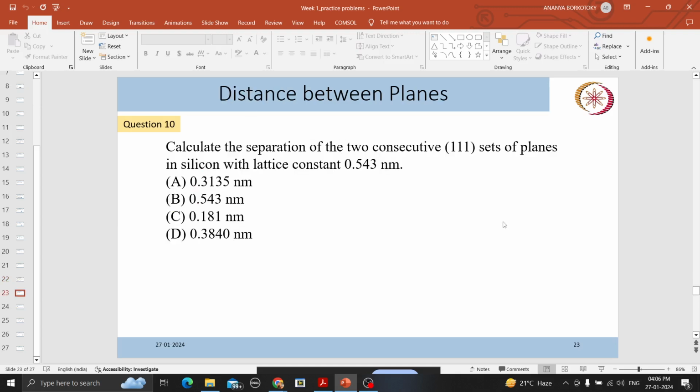So this is the next question. Calculate the separation of two consecutive 111 planes in silicon, and silicon has a lattice constant of 5.43 angstrom. So calculate this and you can tell me the answer.